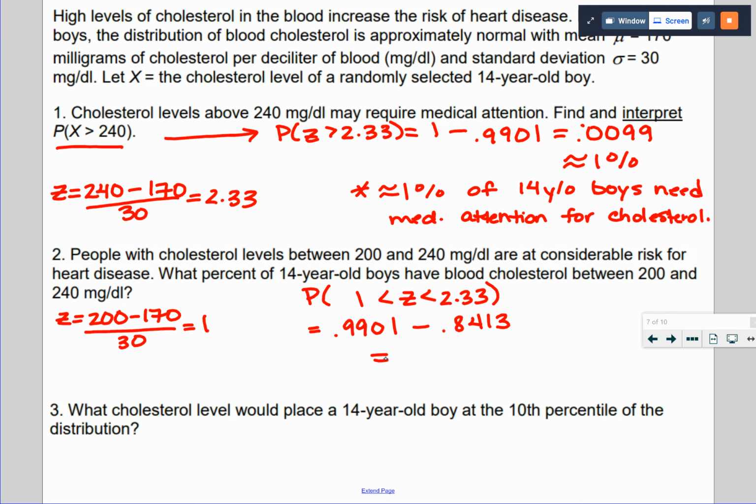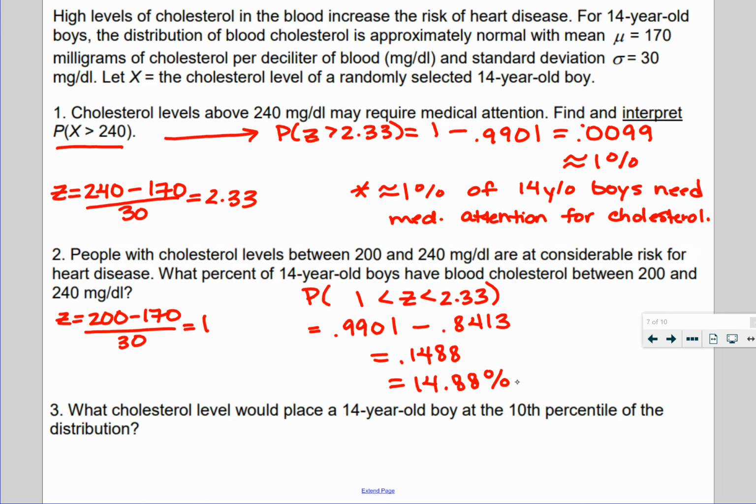And then we subtract, and I get 0.1488. Let me write it that way first. And they wanted a percent, so 14.88% is the answer that we're looking for on that one. All right, so those two are just review from the last couple sections.